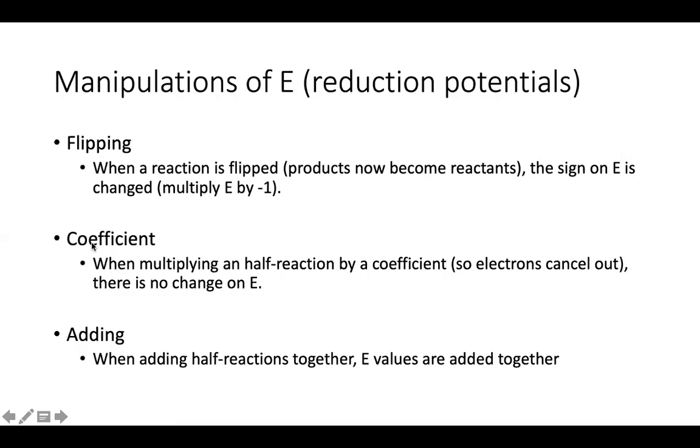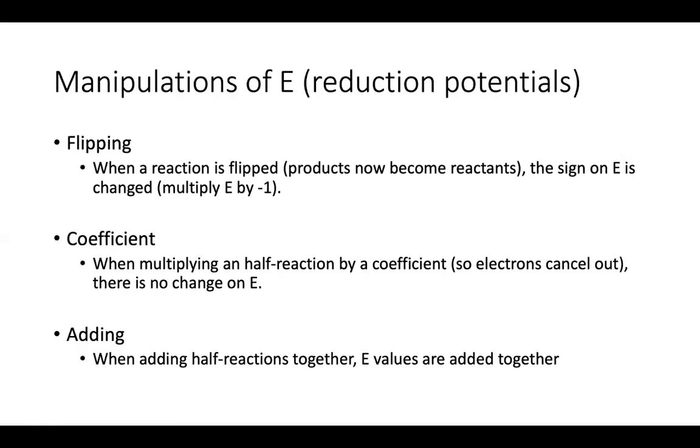If you ever have to multiply an equation by a certain coefficient, and this one I would definitely star, whenever you multiply a half reaction by a certain coefficient, it has no effect on your reduction potential. You ignore it. That's because reduction potential is an intensive property.